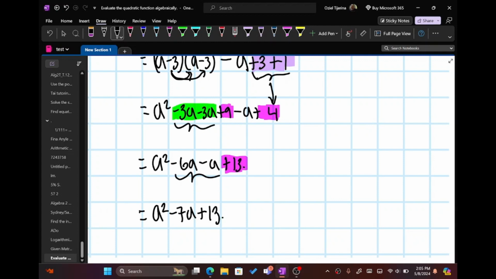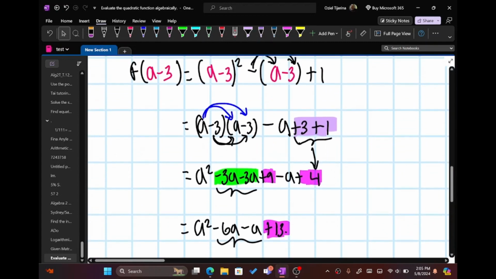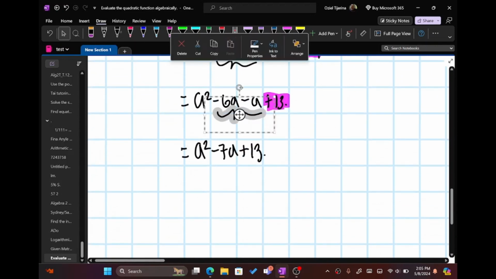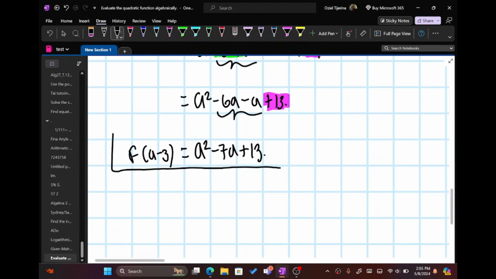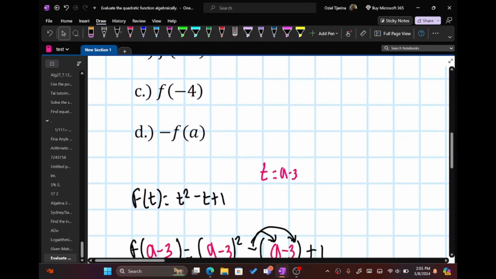Okay, guys. So we clearly see here that that is what f of a minus 3 is. So we're just going to put here, make it beautiful: f of a minus 3 equals a squared minus 7a plus 13.